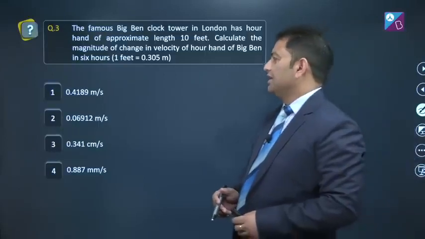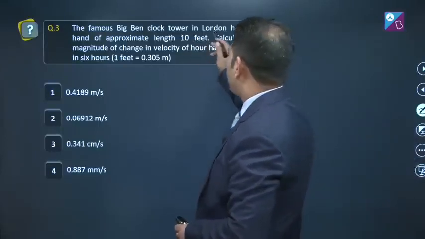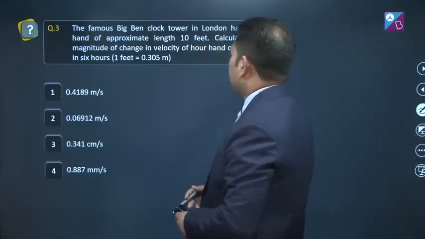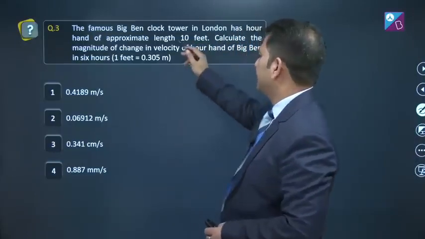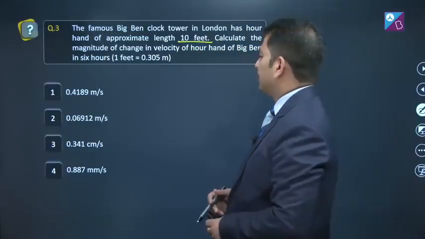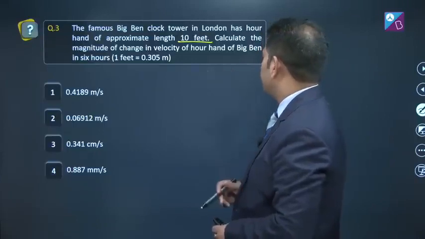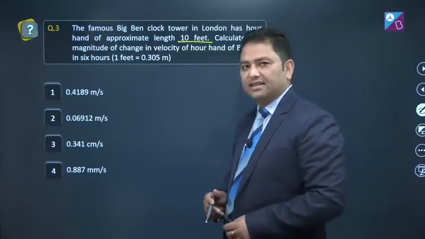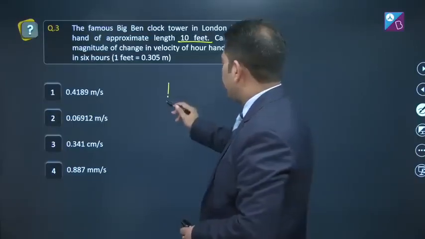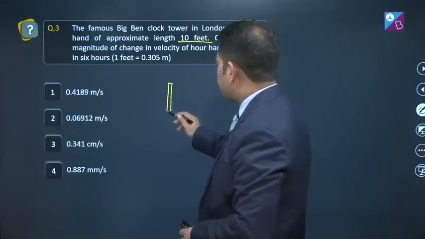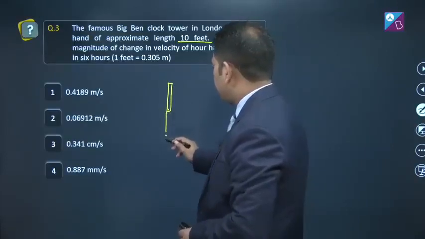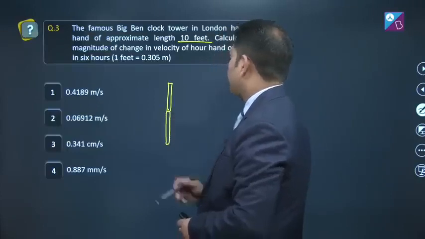Third question, the famous Big Ben clock tower in London has hour hand of approximate 10 feet. Calculate the magnitude of change in velocity in 6 hours. Now if you see our hand after 6 hours, it would be exactly opposite, right?